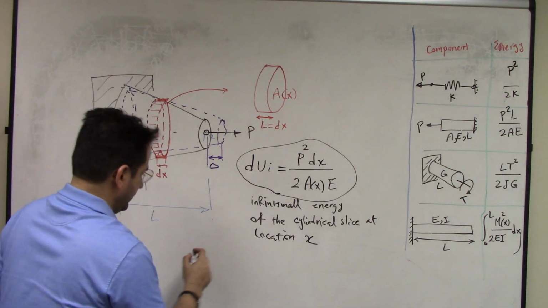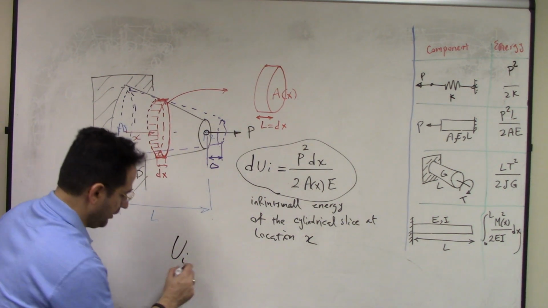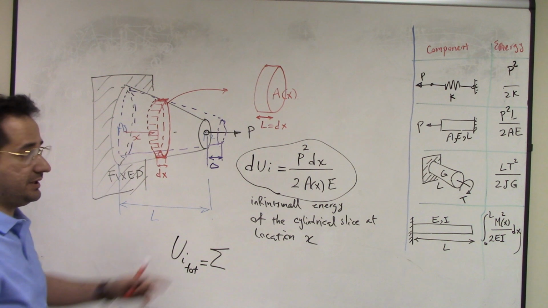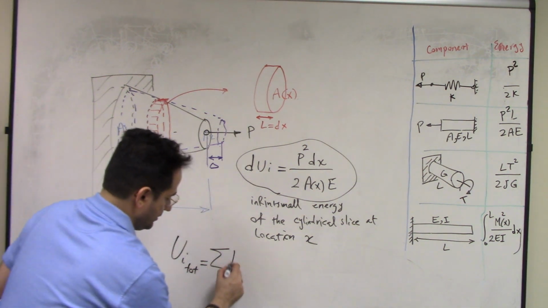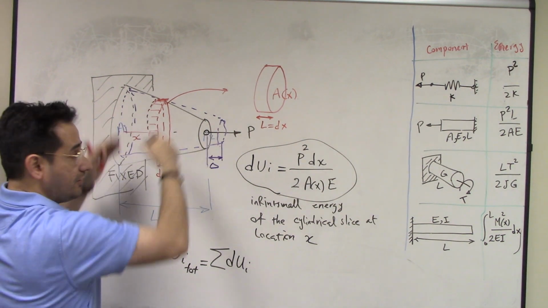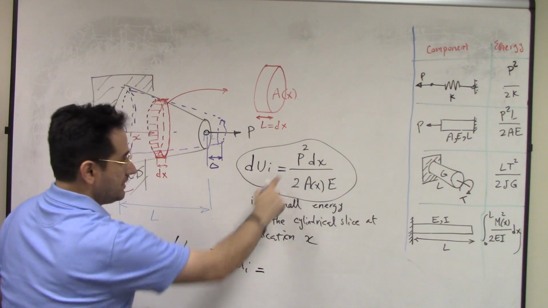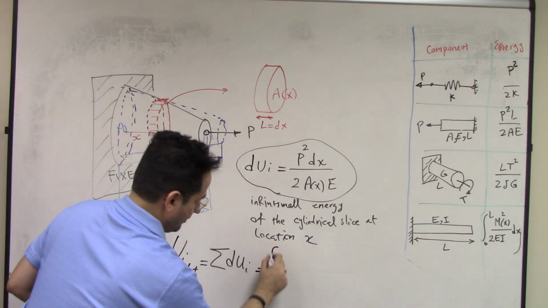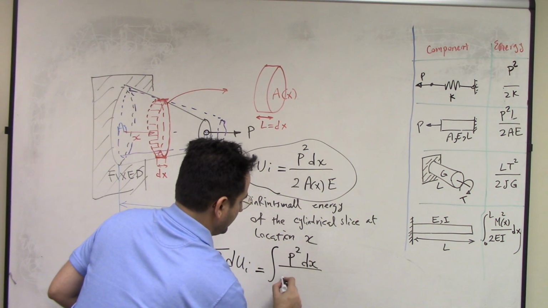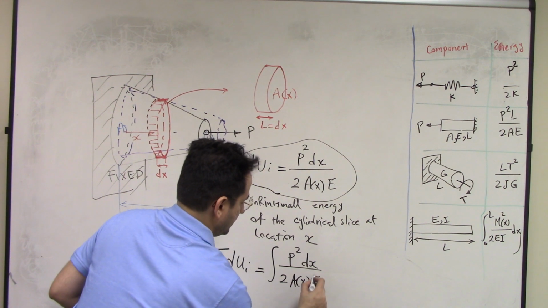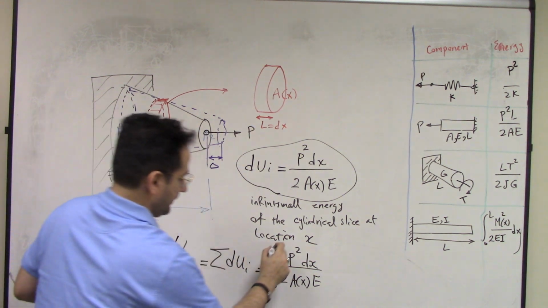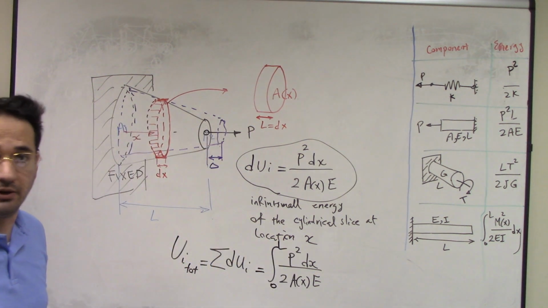Now my total internal energy, U_I total, is just the summation of all infinitesimal energies from here to here, all the little slices, right? Since this is infinitesimal, that summation becomes the integral of P squared dx over 2 A(x) E from 0 to the total length of this tapered bar.